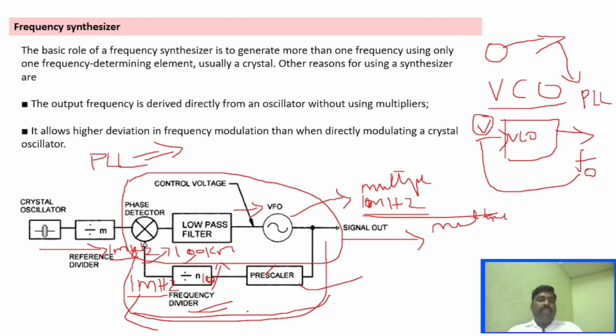Similarly, we can also use a reference divider. If we use the frequency divider, we are able to obtain multiples of the input frequency.